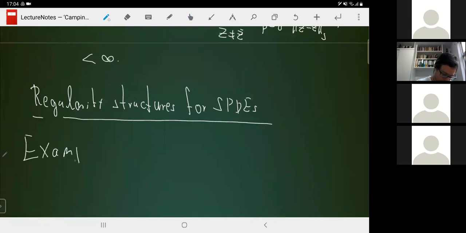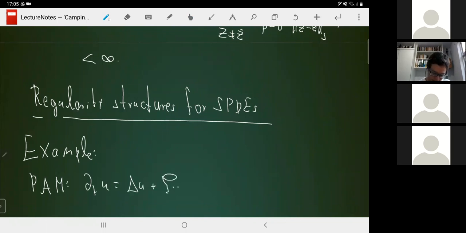Example. This is called the parabolic Anderson model, PAM, which is this equation: d_t u is Laplacian of u plus xi times u, and here xi is a space white noise. So there's no time component, space white noise.